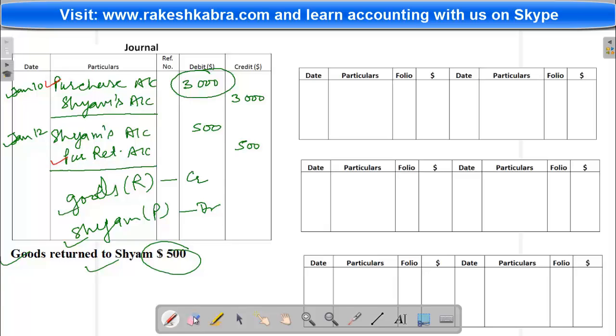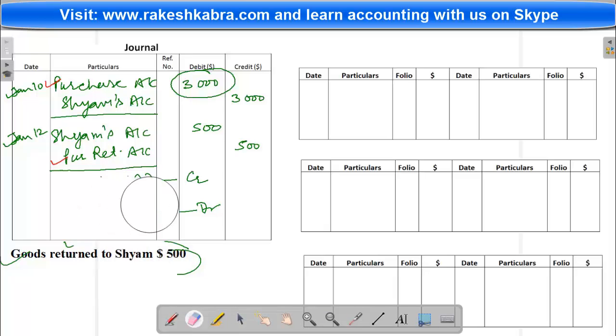There are 5 nicknames I explained earlier to represent the goods: purchase, purchase return, sales, sale return, and stock. So here I am using this nickname purchase return, because earlier we purchased and now we are returning. So this is the recording of the second transaction.